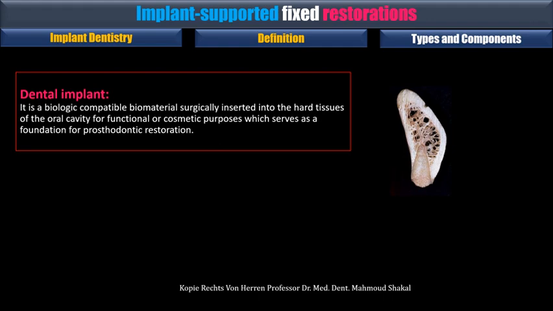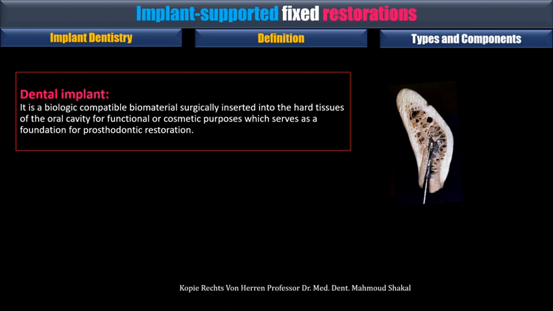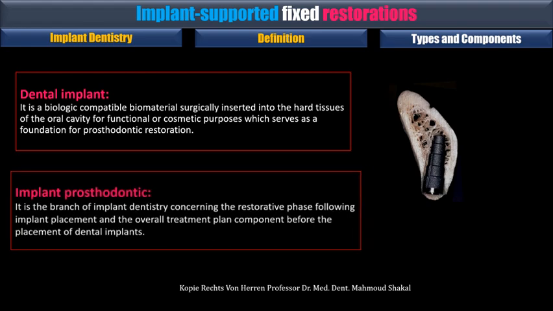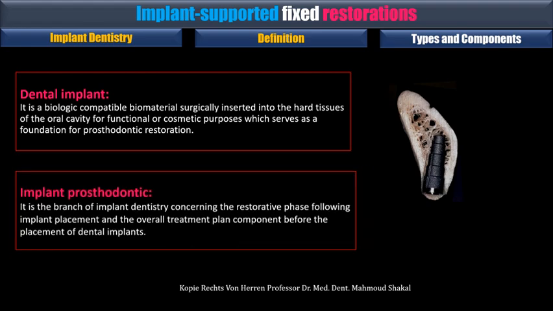A dental implant is a biologically compatible biomaterial surgically inserted into the hard tissue of the oral cavity for functional and cosmetic purposes, which serves as a foundation for prosthodontic restoration, while implant prosthodontics is the branch of implant dentistry concerning the restorative phase following implant placement and overall treatment plan component before the placement of a dental implant.